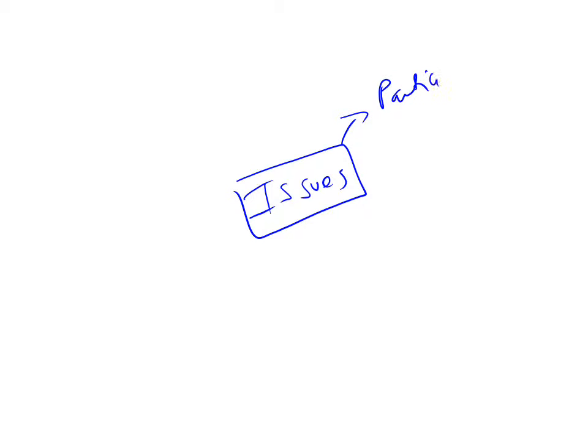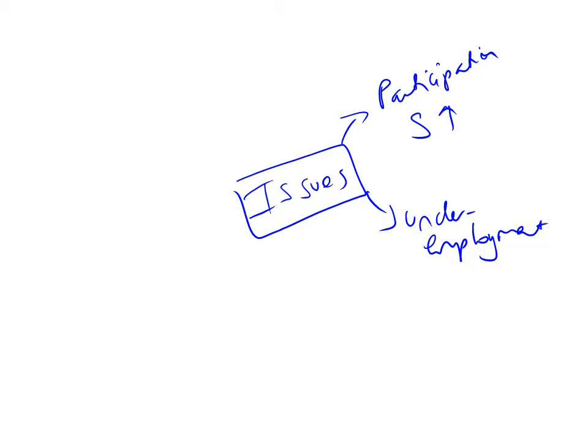In terms of current issues in the labour market, we've mentioned the changes in participation and how these could increase the supply of workers. You have, in recent times, a significant amount of underemployment or part-time, temporary employment.